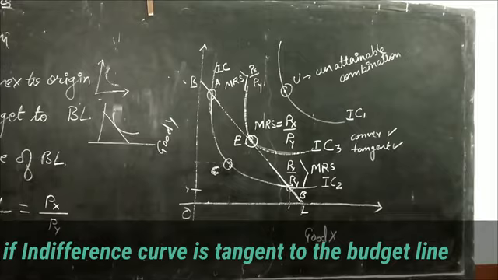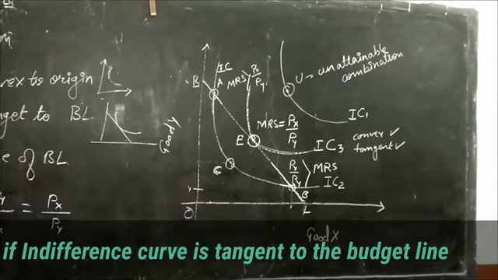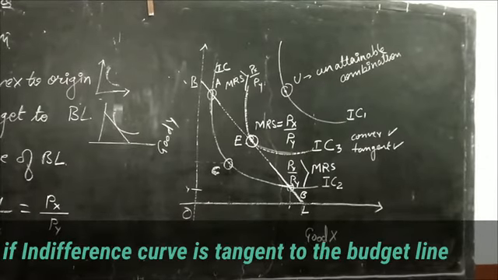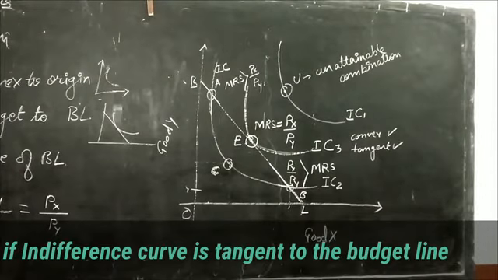At point B, the slope of the budget line is higher. And the C combination, the consumer will not go with this because income is left over. The consumer is not spending his whole income on consumption. So convexity, tangency and equality of slope, these are not all fulfilled in these conditions.